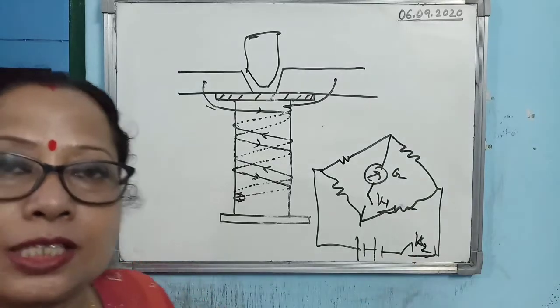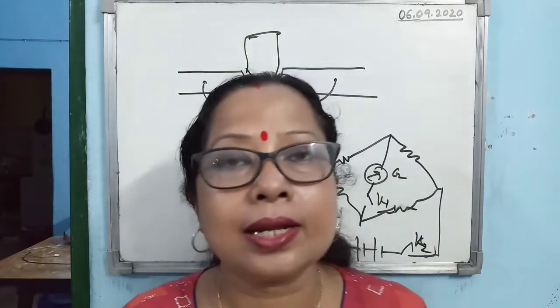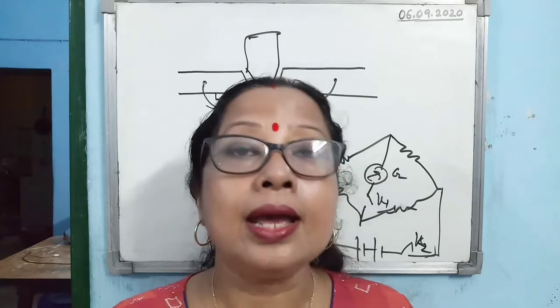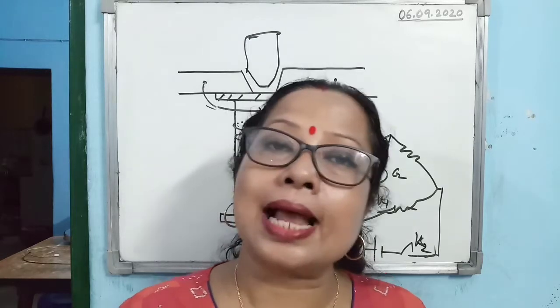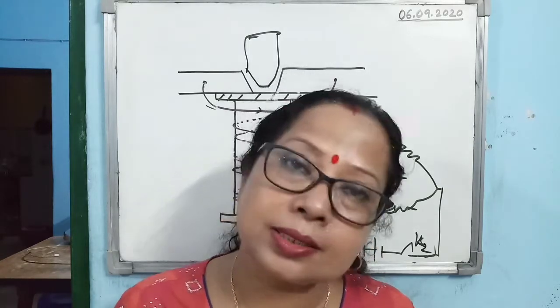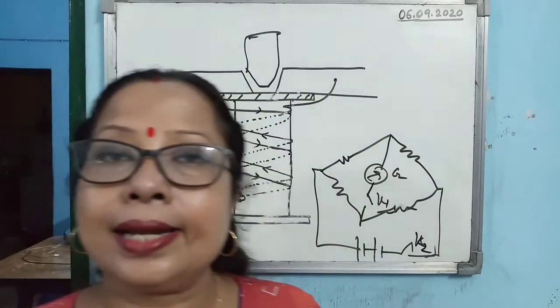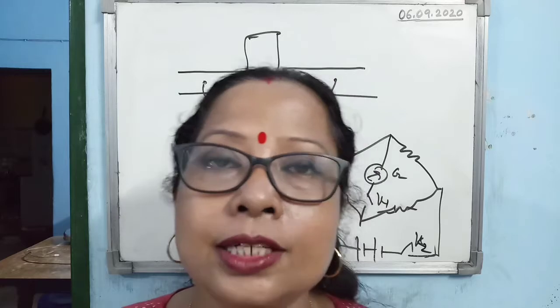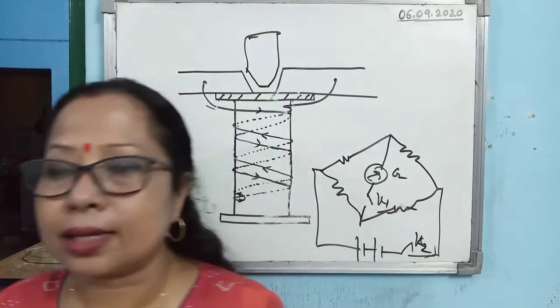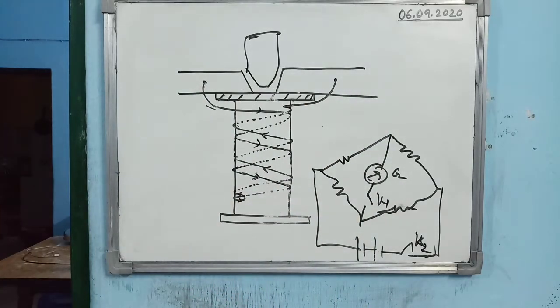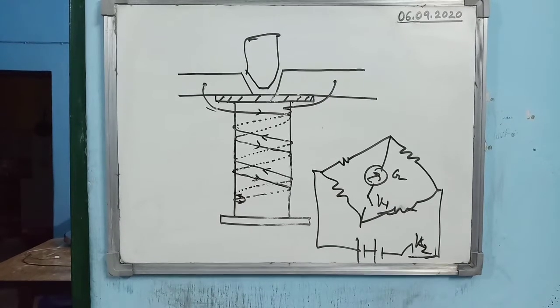So the battery key is pressed first, then the galvanometer key while switching on the circuit, and while switching off the circuit, the galvanometer key is switched off first, then the battery key, just to avoid electromagnetic induction in the circuit. So this is a practical application of self-induction in our day-to-day life.